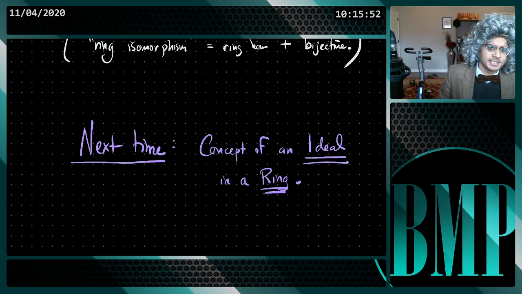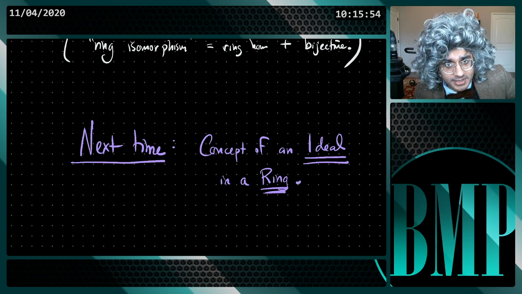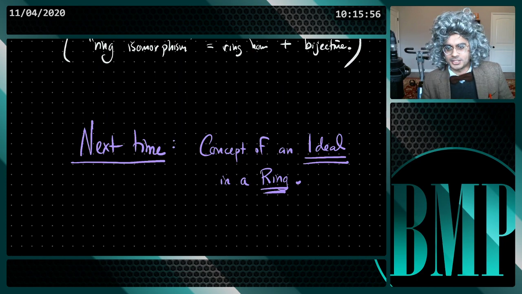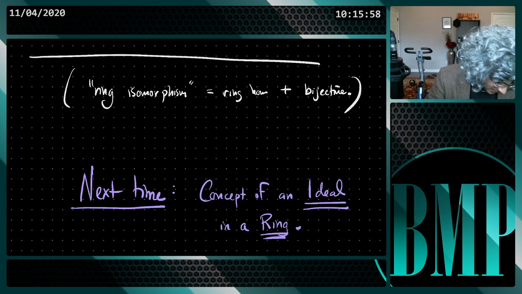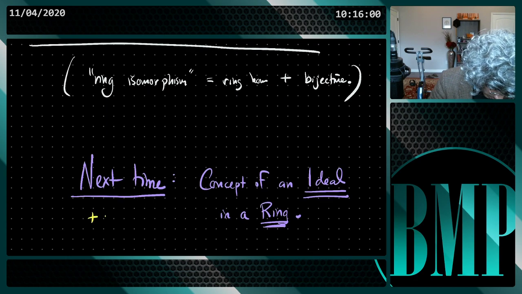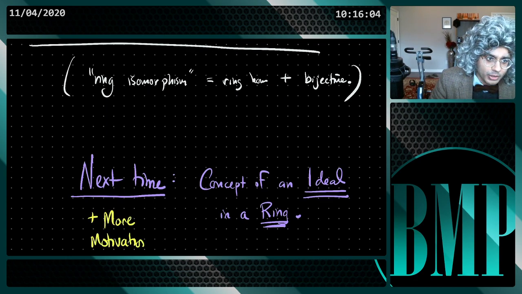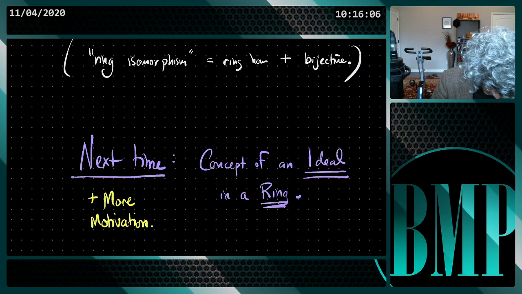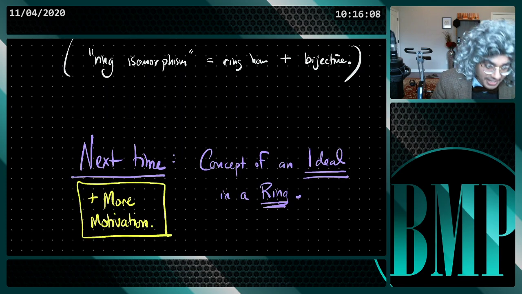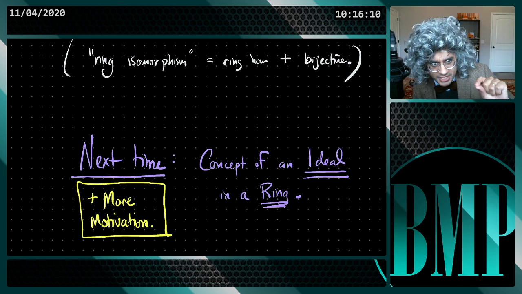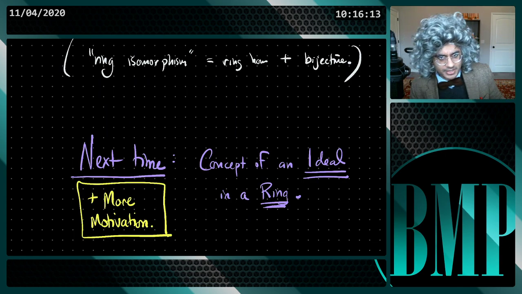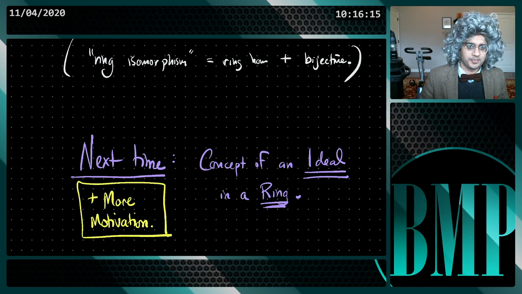Setting us up for quotient rings next week. Awesome. And I'll do some more motivation, because we're lacking in motivation right now. I know that. I did a bad job. So I've got to add motivation and then the key concept, an ideal of a ring.